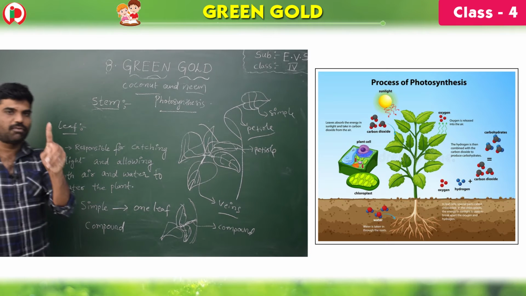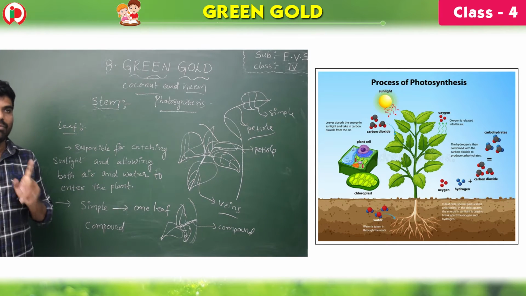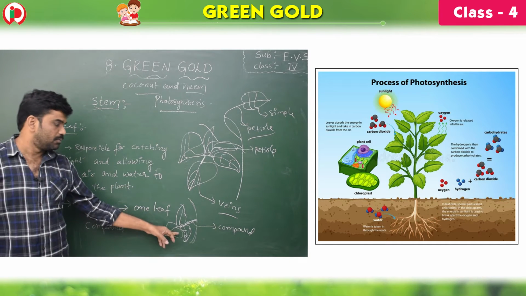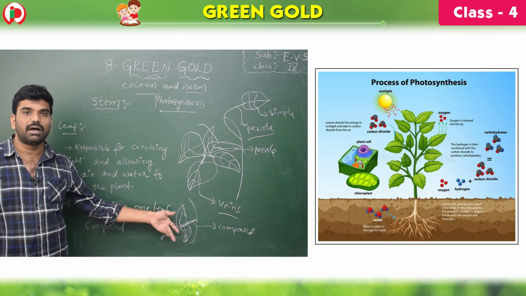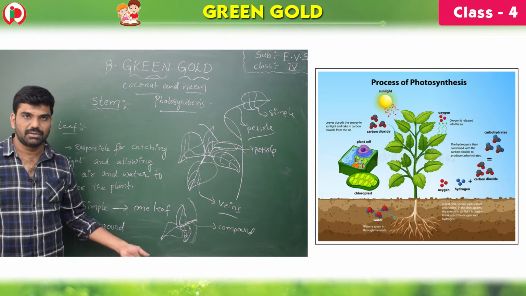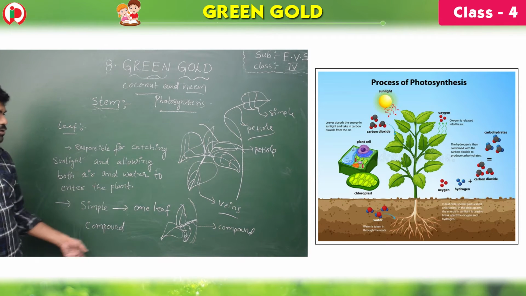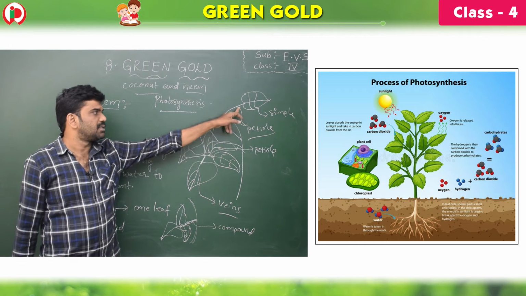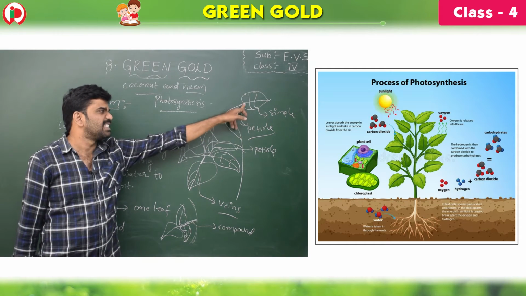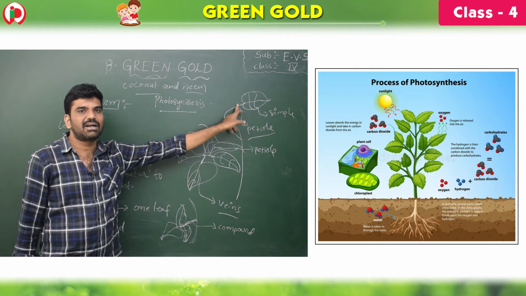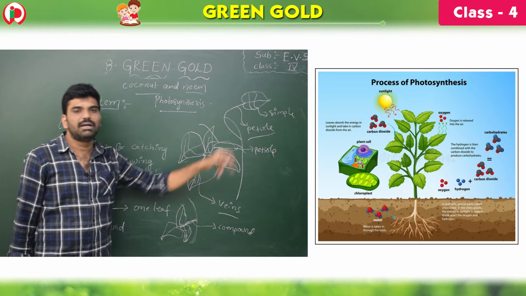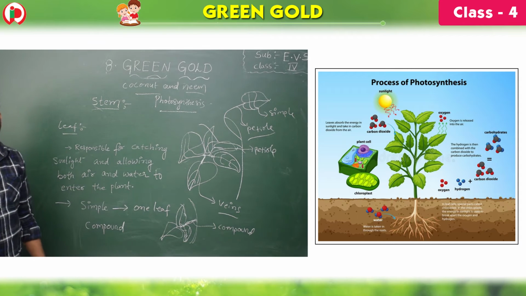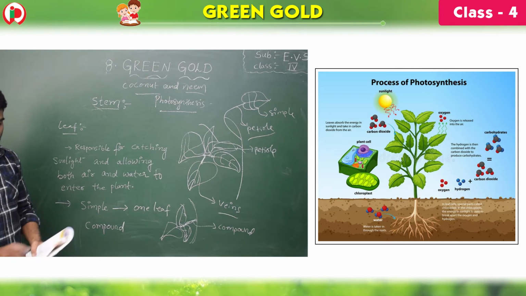Simple means only one leaf. Compound means more than one leaf, like 2 or 3 or even 4, connected to the petiole. Petiole is the stalk-like part where the leaf is connected to the branch.